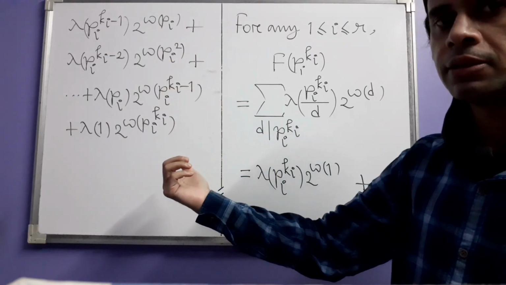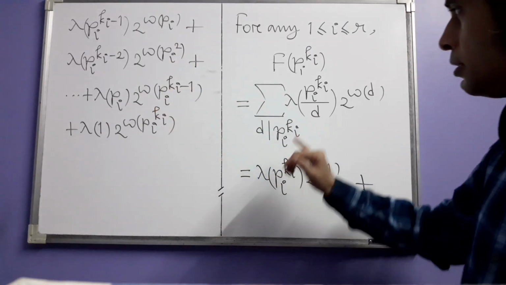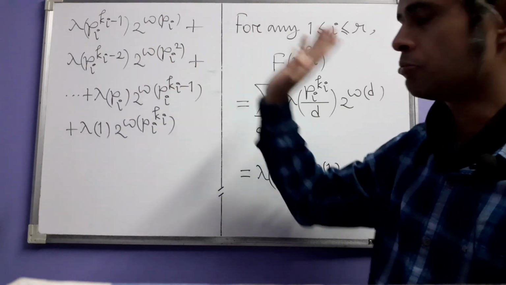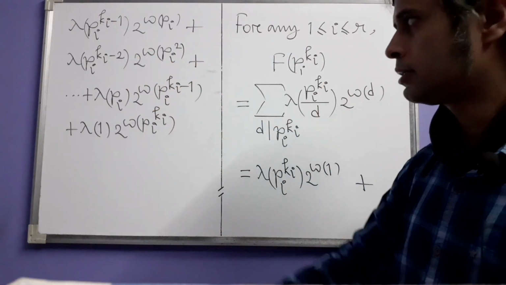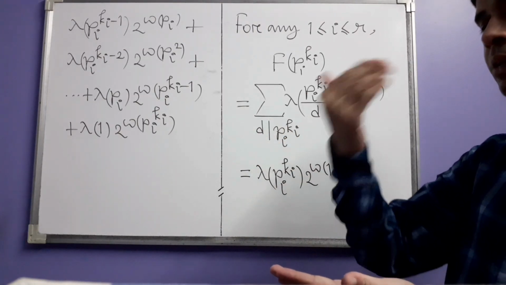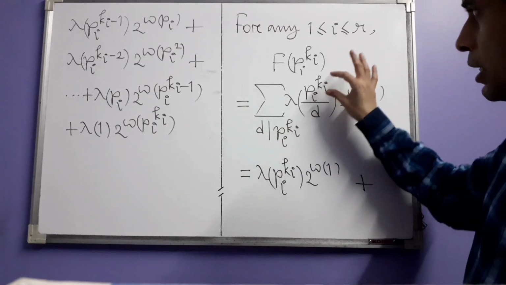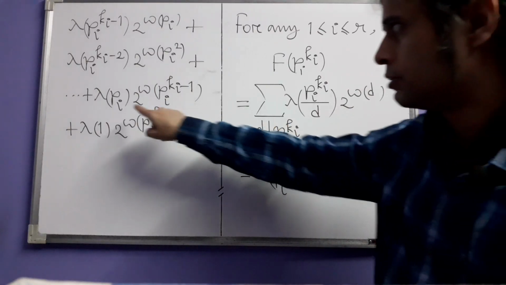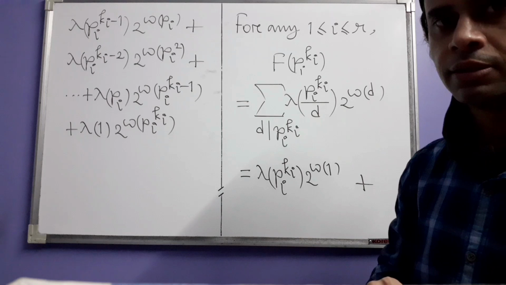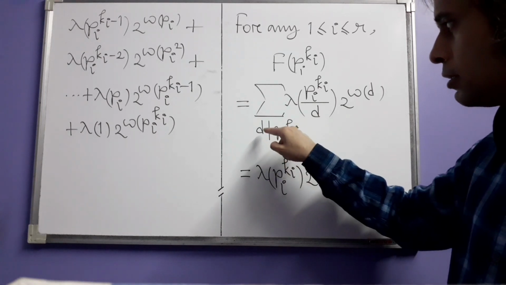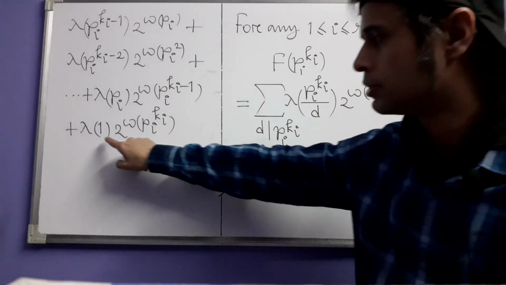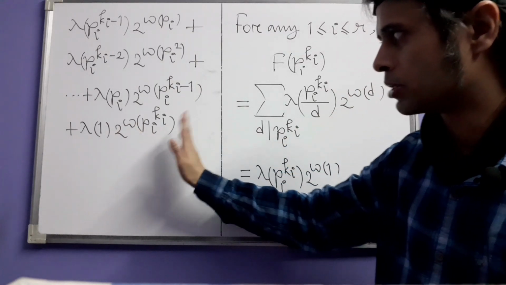Then the next divisor is pi square. Dividing this by pi square, you get this times 2 to the power omega of pi square, and continuing like that. Eventually, you take the divisor pi to the power ki minus 1. Dividing pi to the power ki by that, you get pi, times 2 to the power omega of the divisor. And finally, you take the d value, which is this itself. Dividing this by itself, you get 1 times 2 to the power omega of the divisor.